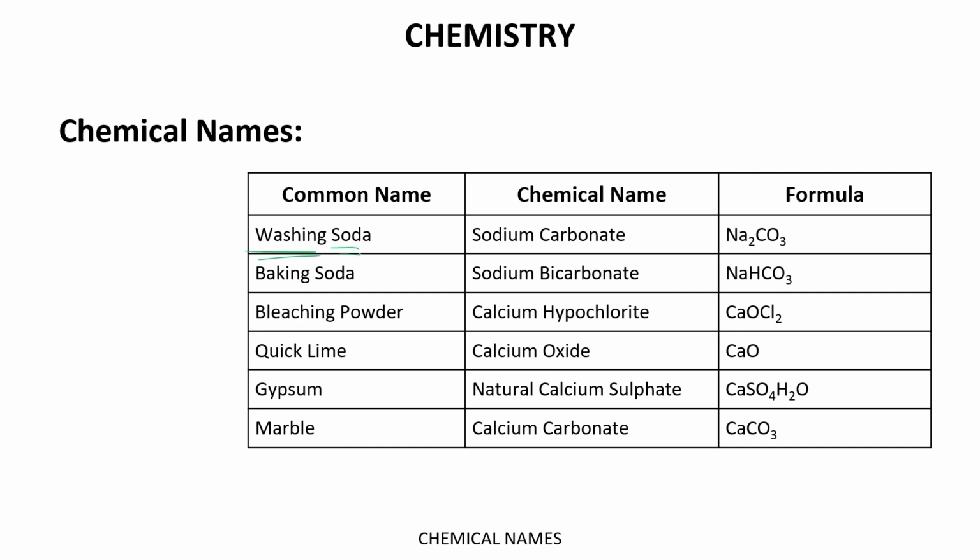Let's first start with the washing soda, which we use in our common households. It is basically sodium carbonate. And if you remember, in the previous lecture I had told you one thing, that soaps are basically salts of fatty acids.